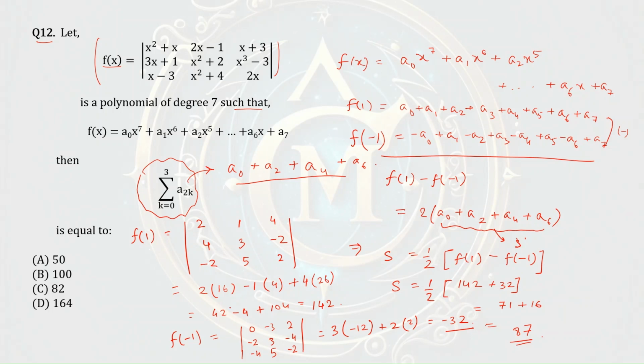This will be 16, so this will be 32. Let me correct myself. This value will be equal to 66 plus this will be 16. So the answer will be 82. So option C is the correct option. So be careful in this type of questions where calculations matter.